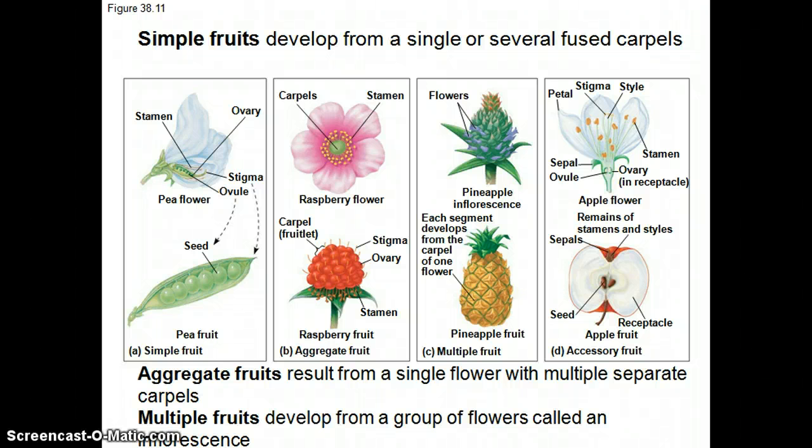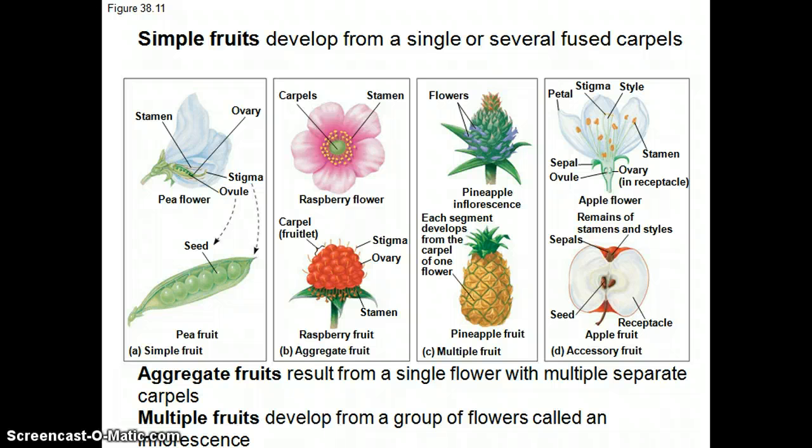So a simple fruit comes from a flower that has a single or a fused carpel, so a number of fused carpels. And an aggregate fruit, on the other hand, is going to come from a single flower, but that has multiple separate carpels. And then a multiple fruit is one that develops from a group of different flowers, and that group of flowers is called an inflorescence.